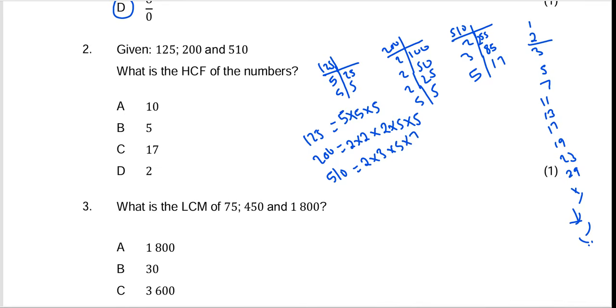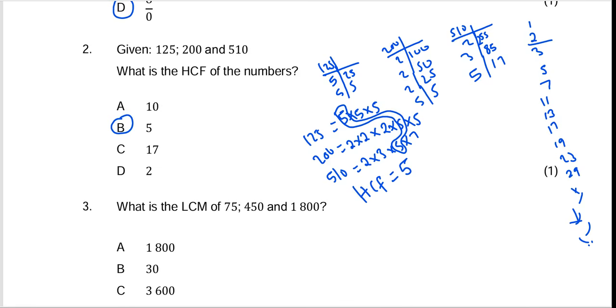When we look for the highest common factor, that number must be in the prime factors of 125, of 200, and of 510. Guys, there it is. It's only 5. Meaning that our highest common factor is 5, and the option is B.